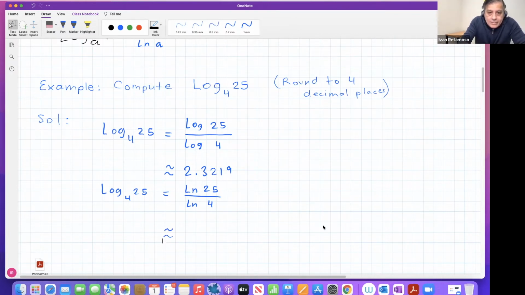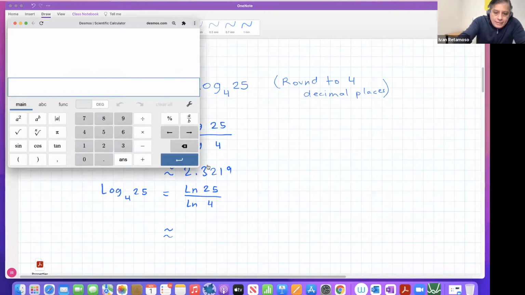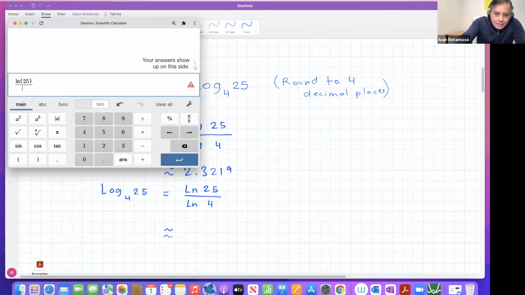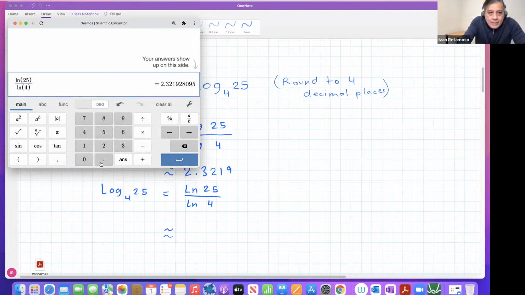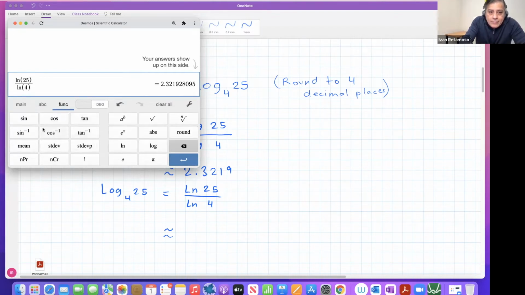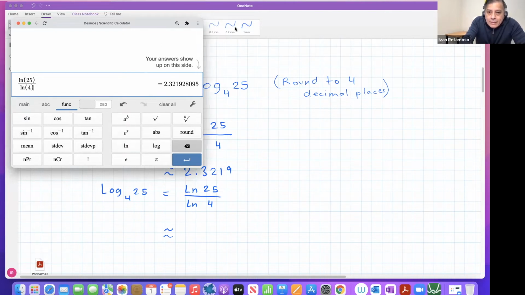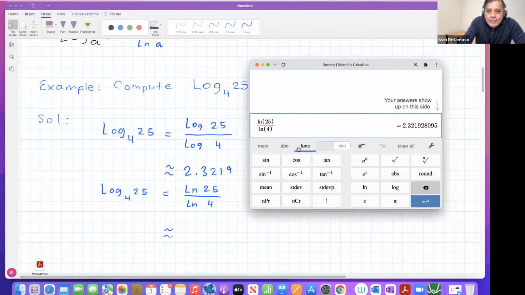So let's check that out. ln of 25 divided by ln of 4. This time I just type ln. If you prefer, you can click on functions here, and then in your scientific calculator, you will find ln. It's the same. But notice, what is important is that we get exactly the same number. Look, 2.3219, rounded to 4 decimal places. That's what is important.